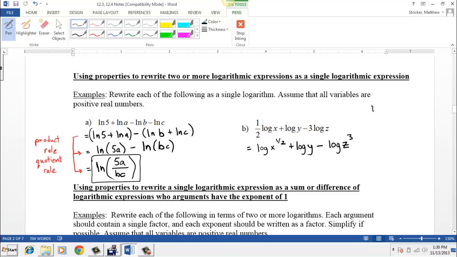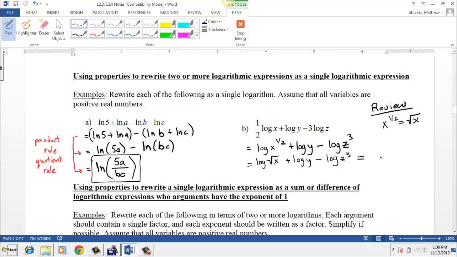And then remember, how can we rewrite x to the 1/2? What is that also equal to? That's the square root of x. So I could rewrite this as log of square root x plus log of y minus log of z cubed.